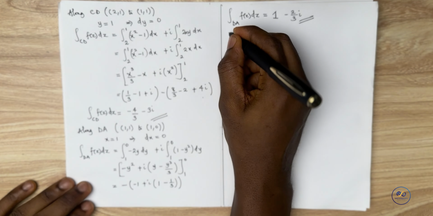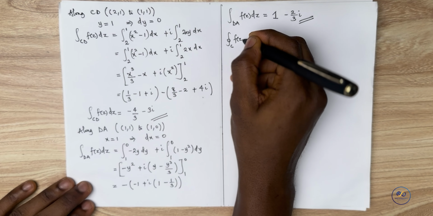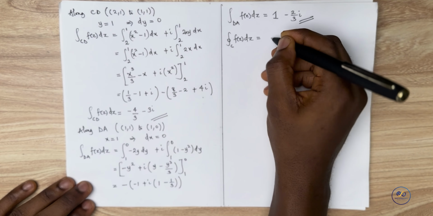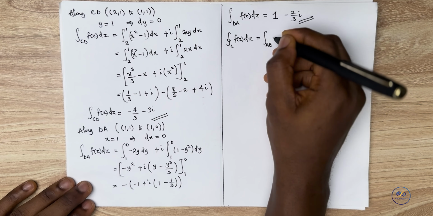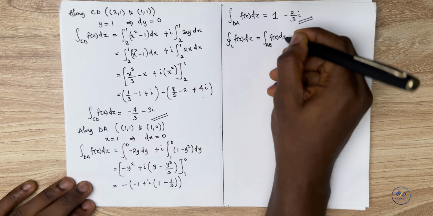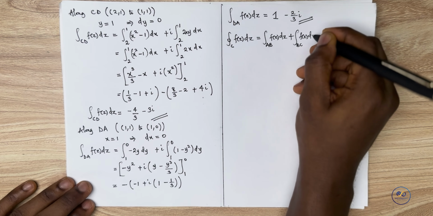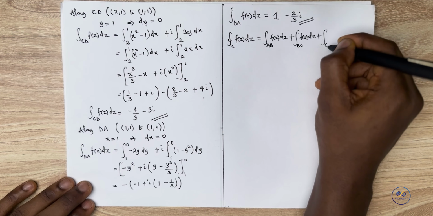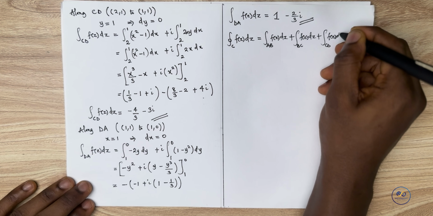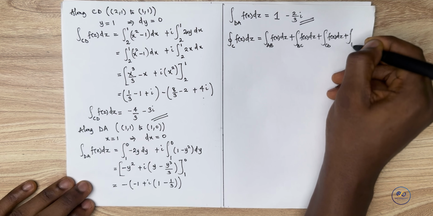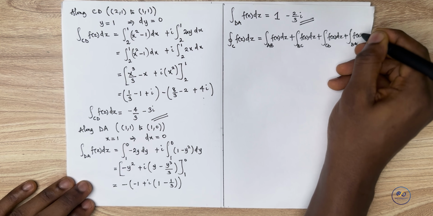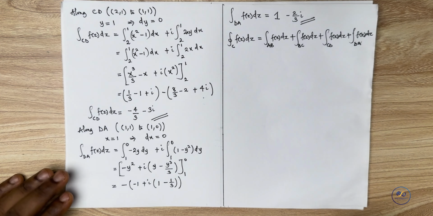So the full integral, the integral over C of f of z dz, would now be the addition of the integral along AB of f of z dz plus the integral along BC of f of z dz plus the integral along CD of f of z dz, and then finally the integral along DA of f of z dz. This would be our addition.